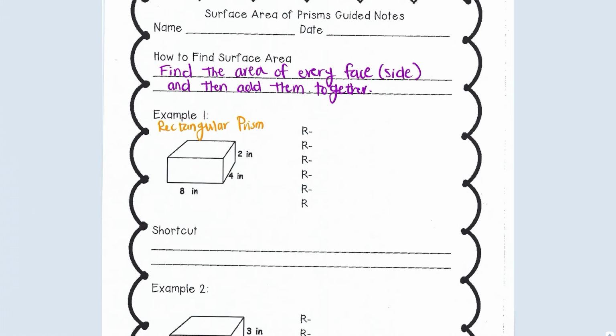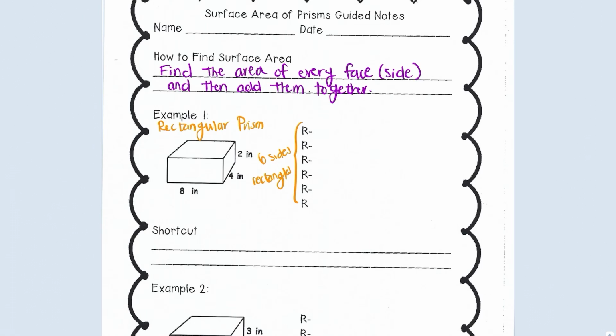Okay, and what you can do is write them out over here. Write out what shapes make up this 3D figure. So if you notice here, these 6 R's, right? This means that there are 6 sides and all of them are rectangles.